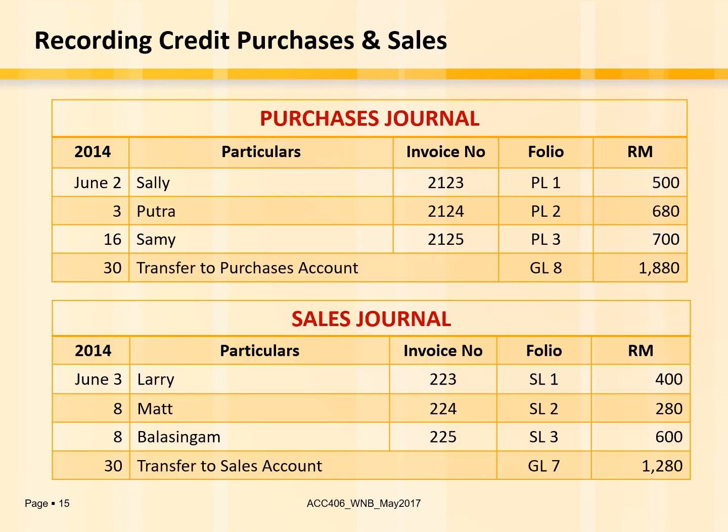Macam mana nak move on? So, this adalah purchases journal. So, masa kita nak record credit purchase ni, kita buka satu account purchases. Okay, so you akan listkan semua purchases you daripada Sally, Putra dan Sami.